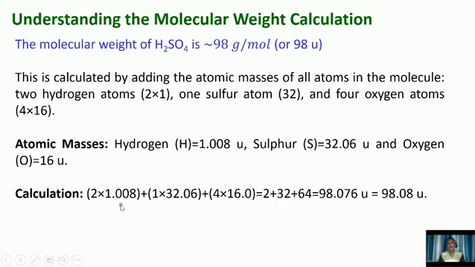So if you multiply these atomic masses with the number of atoms, then we can come to know the molecular weight, and you can see that it is 98.078 atomic mass unit I have calculated. And after rounding off, it is 98.08 atomic mass unit. So this is often expressed in grams per mole, or in some cases it is mentioned as 98 atomic mass unit.